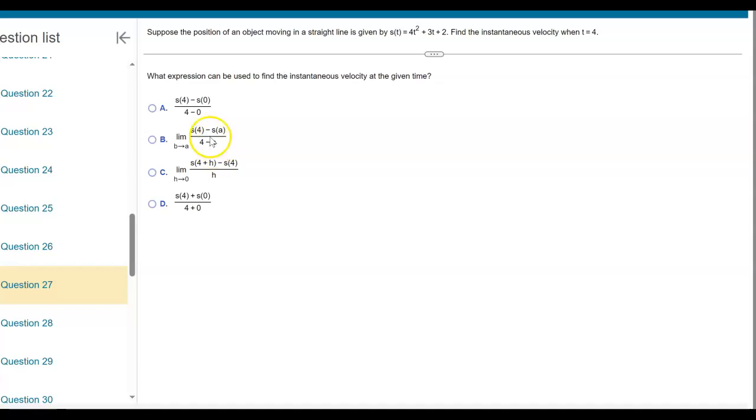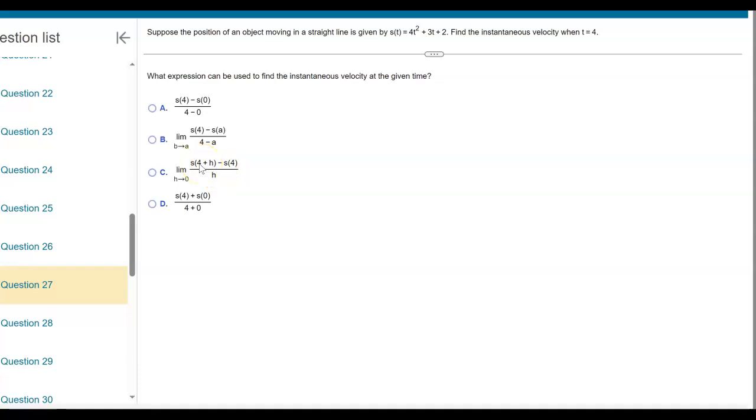So which one here? Is it this or this? Now, the only thing here, okay, so this one looks correct. Like this part here is correct, but this portion here makes it incorrect because as you could see, you have b approaches a, but where is b here? Okay, so that's what makes this one incorrect. So the other definition that you could also use is to have this h here.